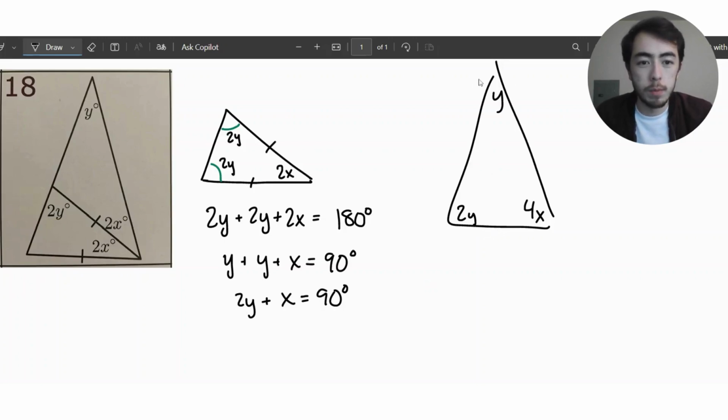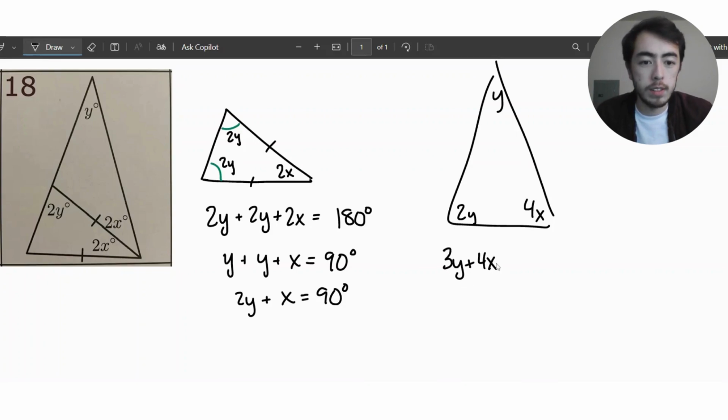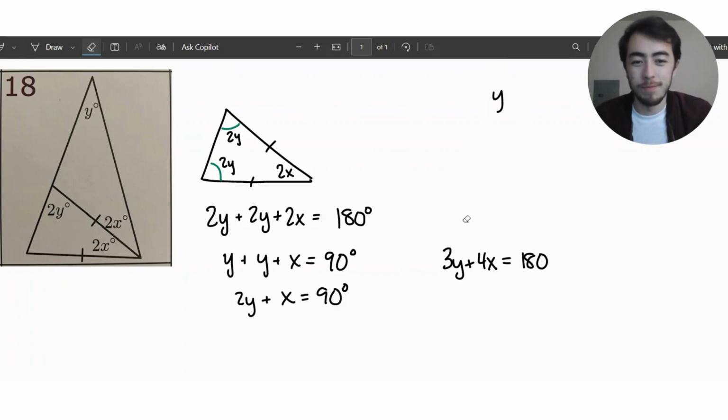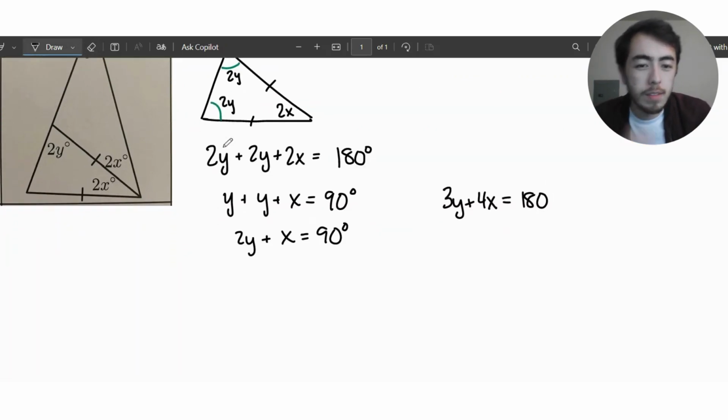So if I do the same thing here, I get 3y plus 4x is equal to 180. And this is now a different equation than the one I made at the start. So it's a good sign that I will actually be able to figure out what y and x are in this diagram.